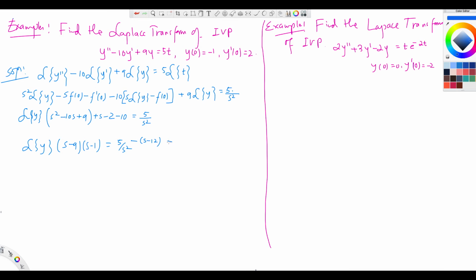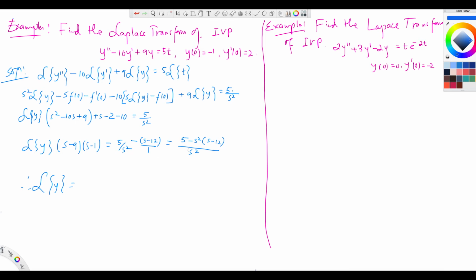So let us simplify the right side. You will get 5 minus s squared, because there is 1 in the denominator, times s minus 12, divided by s squared. Okay, so what do you get there then? Therefore the Laplace transform of y is equal to, you divide by that quantity, right? Let me simplify the top.